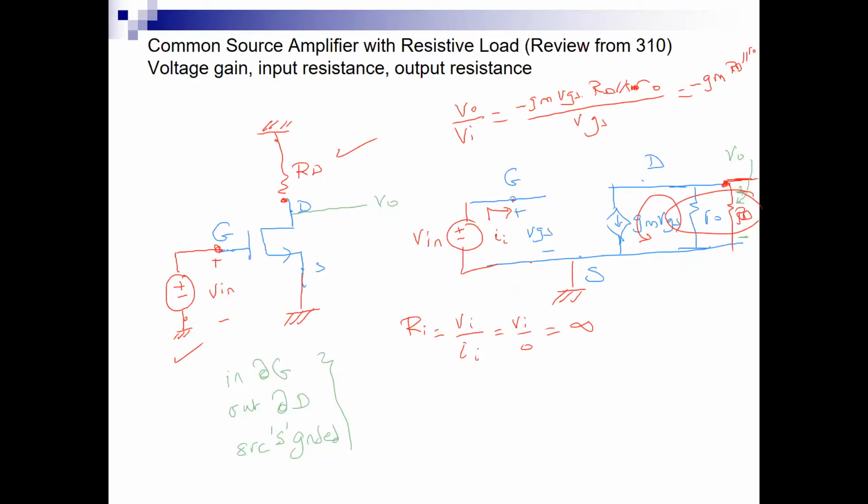Great. And for the same circuit, do we know what the output resistance is? How do we find RO? We place Vx. What do we do to calculate RO? First of all, we put Vx over Ix, but what else do we do?